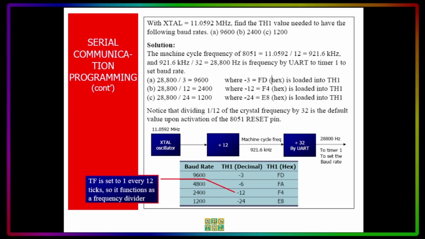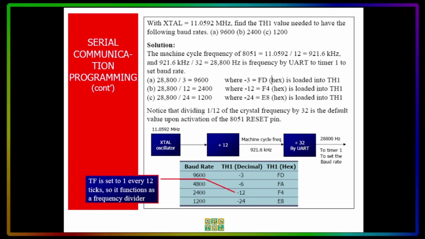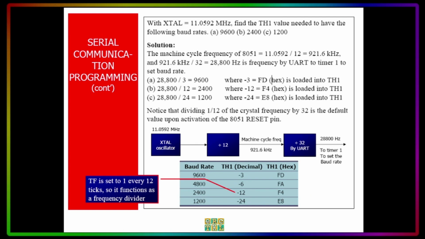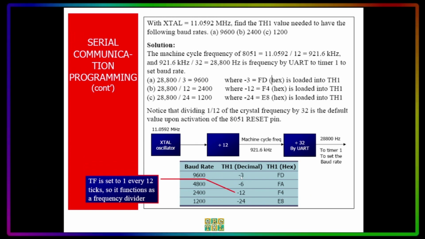Now, you might wonder why we divide it by 3, by 12, and 24? Because it's simply assigned to the baud rates. As you can see in our example here, 9,600 must be 3, and then 4,800 is 6, and then 2,400 is 12, and 1,200 is 24.